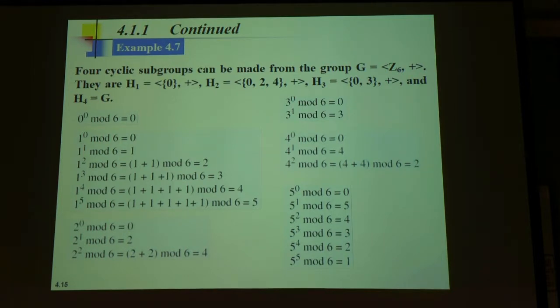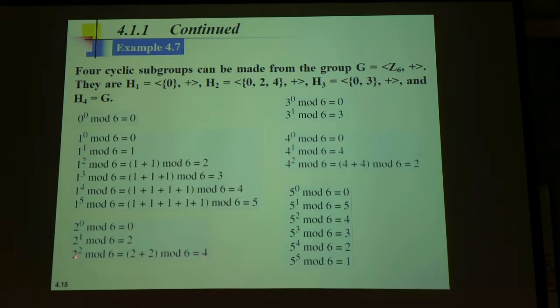What is the next element? 2. 2 to power 0 gives you 0. 2 to power 1 gives you 2. I mean, "to power" is not the correct word. You know, repeated once. We say operation. The best thing to say is the operation repeated twice. So 2 plus 2, 4.